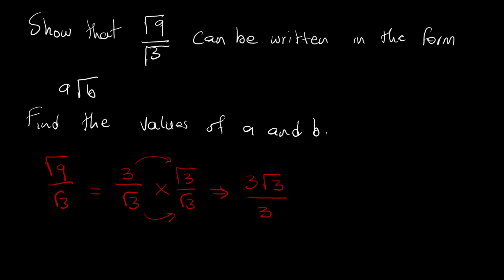So the 3 cancels, we are left with 1, and this will be 1 multiplied by root 3. So this is in that form of a root b. What is the value of a? The value of a is just 1, and the value of b will be 3. So this is how we solve the problem.